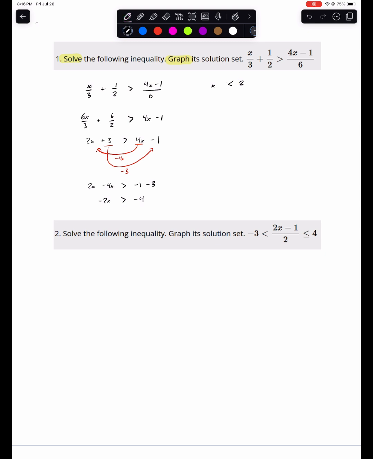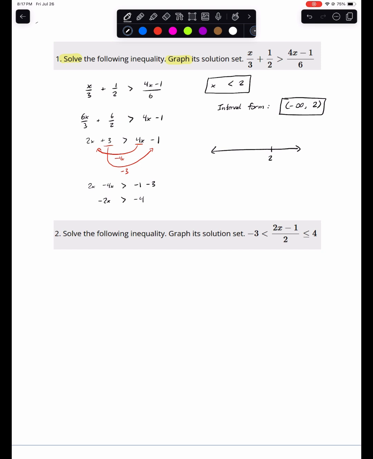So the solution to the inequality in interval form would be negative infinity to positive 2, with 2 exclusive. This here is your inequality form. And if we're graphing the solution set, we take a number line and mark a place where 2 would be.